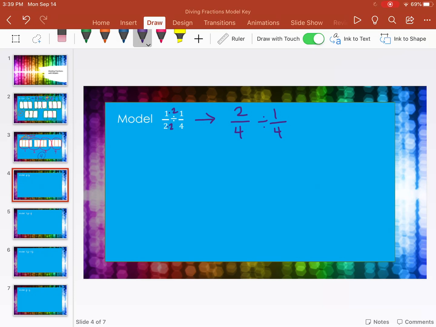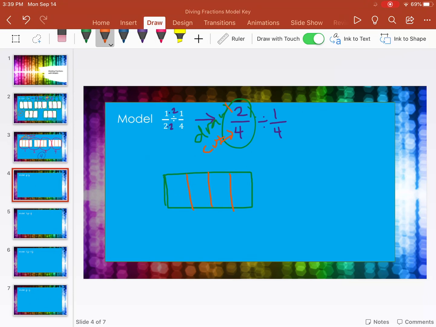Okay. So I'm going to draw my first number. Remember, we always draw this. So I'm going to draw 2/4. What does that look like? Well, I need to start off with a rectangle. 1 whole rectangle, but I don't have the whole rectangle. I only have 2/4 of it. So I'm going to cut it. Remember, I cut into this number, so I'm going to cut it into 4 pieces. Here's the tricky part about drawing.